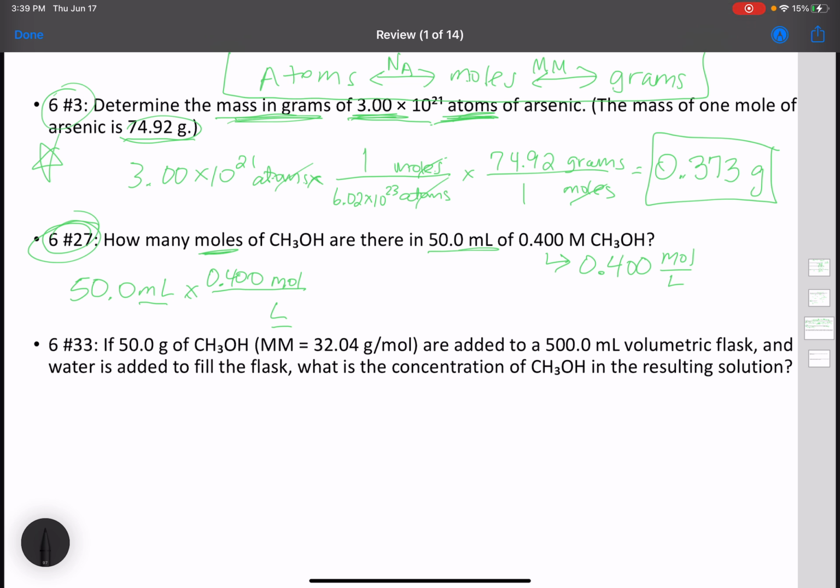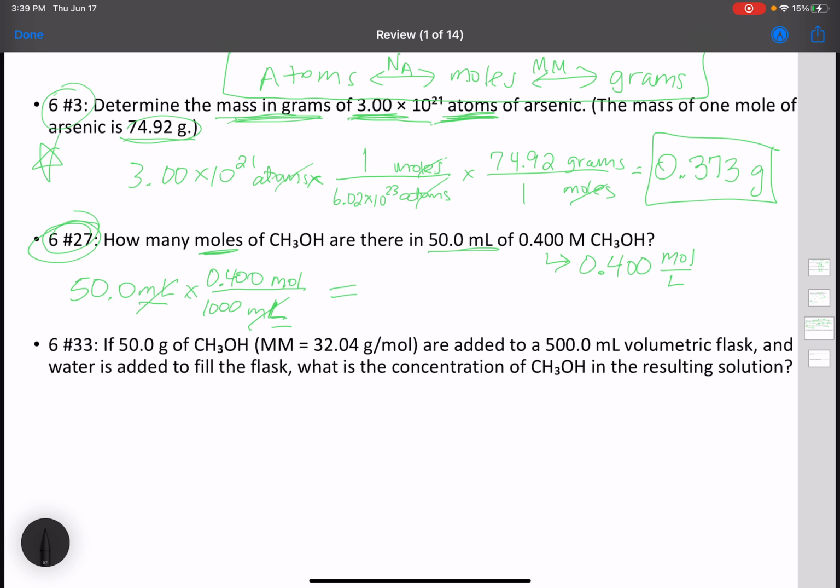So I could multiply by another conversion factor to convert milliliters to liters. What I'm going to do is just kind of do it in a step here. I'm going to say that this liter is the same thing as 1,000 milliliters. And now my units match, so they can cross out. Okay. Another way, you could have converted that 50 milliliters to liters if you wanted. There's several right ways to do this.